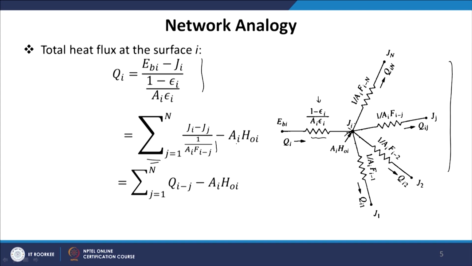Now, the surface may be exposed to external irradiation from the sun or some other source outside the enclosure, which will be added separately to the radiosity. So, we have added the component of the external irradiation separately to the radiosity of surface I. The total heat transfer from surface I can be written as the sum of Qij, the radiative heat transfer between surface I and j, over all the surfaces, plus the extra radiation from the outside source.